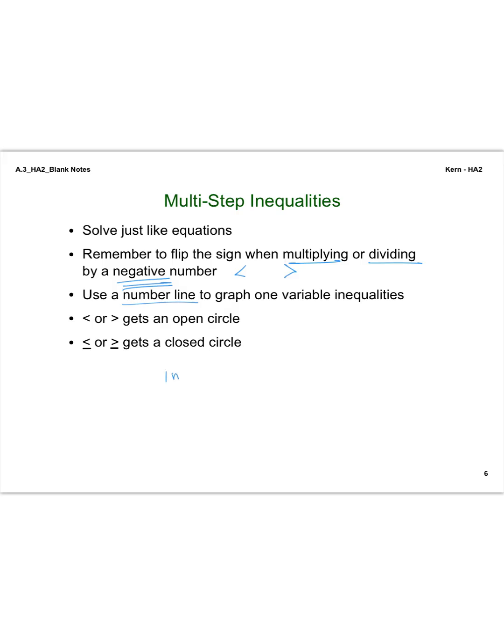I'm also going to give you a little guide on interval notation. Interval notation is another way to represent a solution set. So if you have less than or greater than or an open circle, you use parentheses to represent your interval notation. If you have or equal to signs and a closed circle, you use brackets.